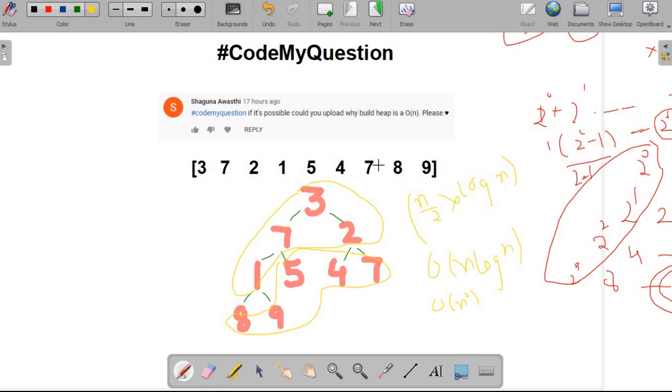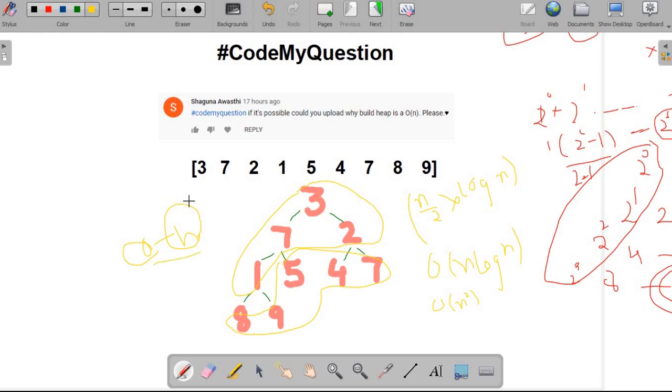So let's see what is the asymptotically tight bound for the time complexity of building a heap. Over here we know that a heapify method travels the height, and the minimum and the maximum height that it can travel is from 0 to h. 0 height will be traveled when the node is already in the correct position, and the maximum of h will be traveled when the root node has to be brought to the leaf node.